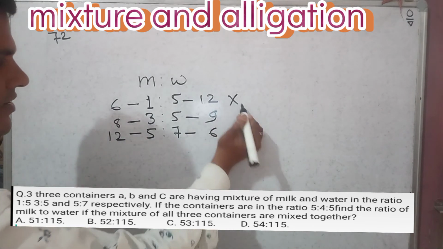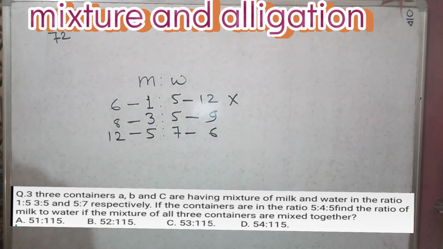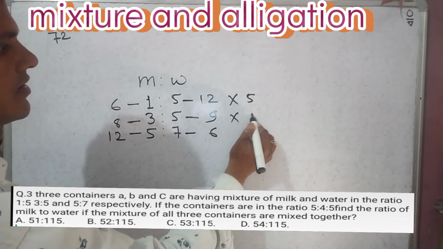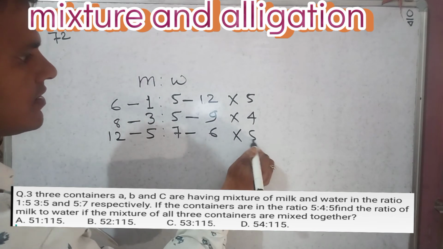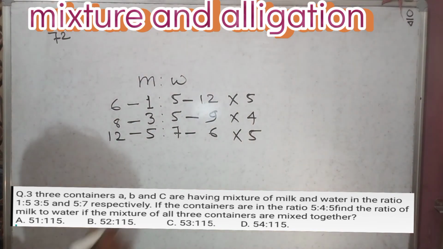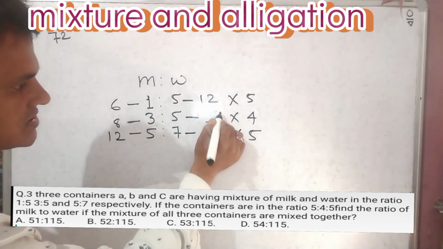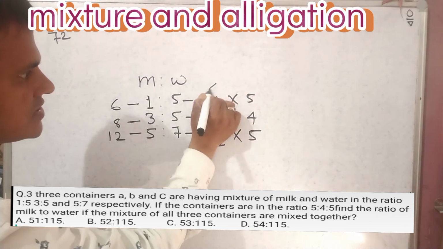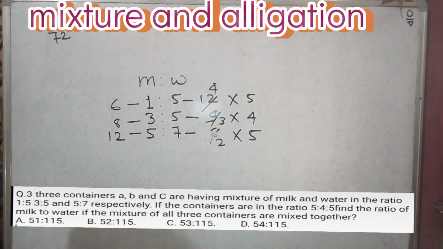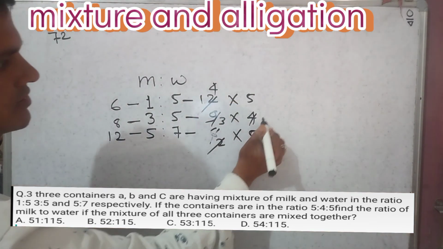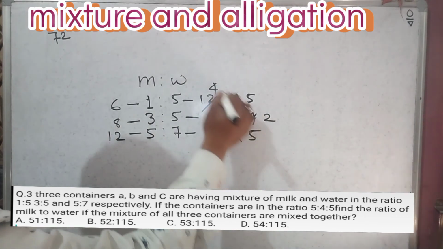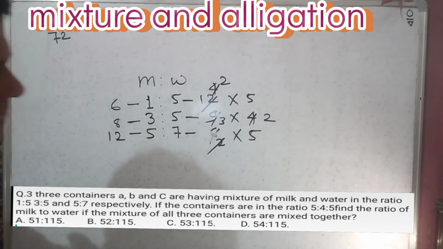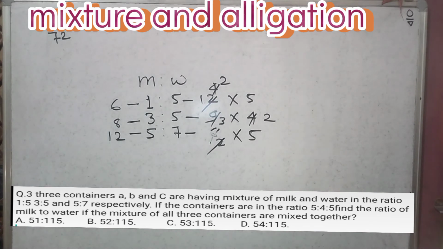Right? And the first container mixes with 5, 4 and 5. So 3 2s are 6, 3 3s are 9 and 3 4s are 12. Now 2 2s are 4 and 2 2s are 4. No more cancellation.